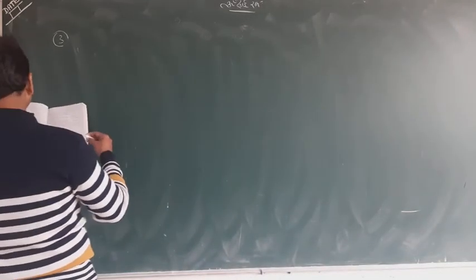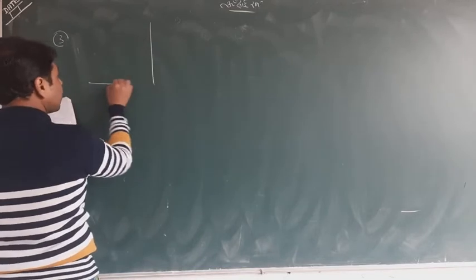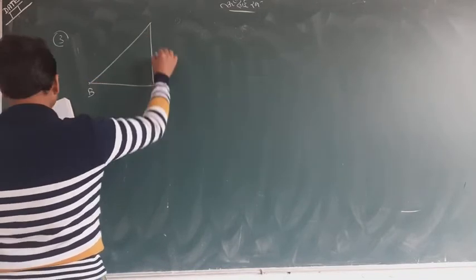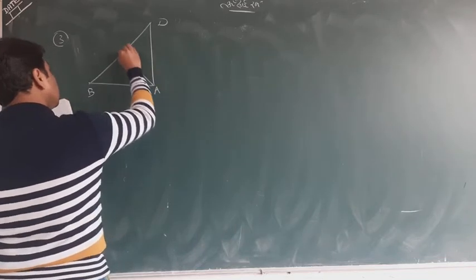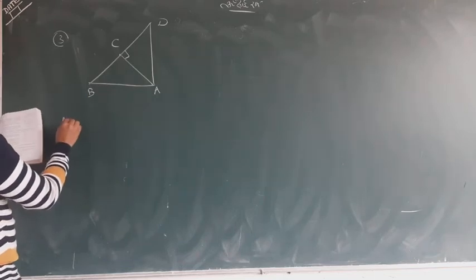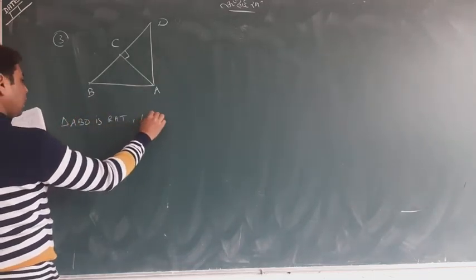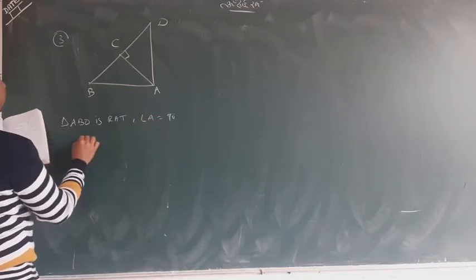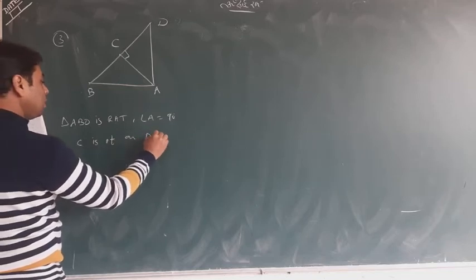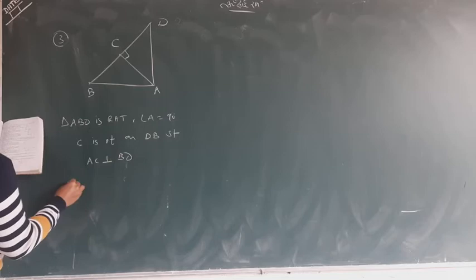Question number 3rd says, we have a picture given aside, with points B, A, D and C, and 90 degrees. ABD is a right angle triangle with angle A equal to 90 degrees. C is a point on BD such that AC is perpendicular to BD.